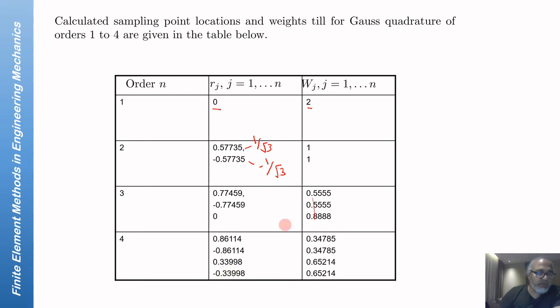Similarly for 4, you can go on like this, and there are MATLAB functions which give you Gauss quadrature sampling points and weights for any order quadrature. But we don't need more than order 5 or 6, and for our course, this table will be in most cases sufficient.